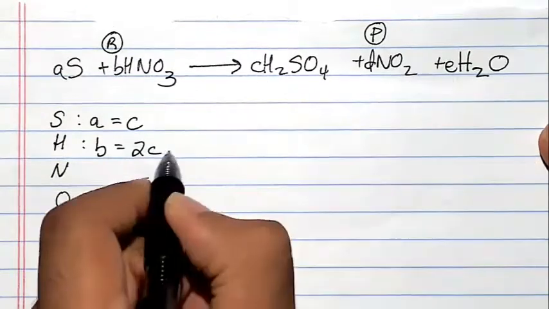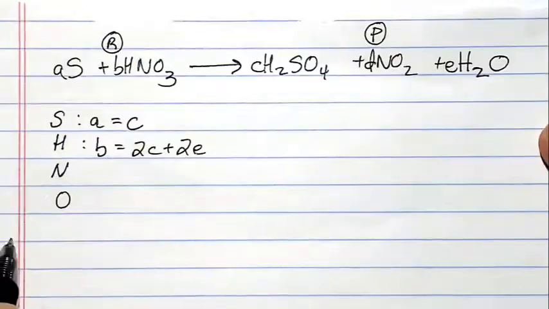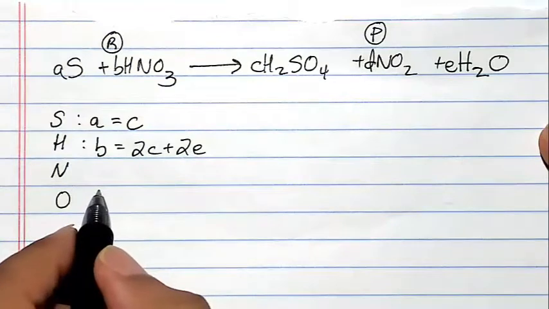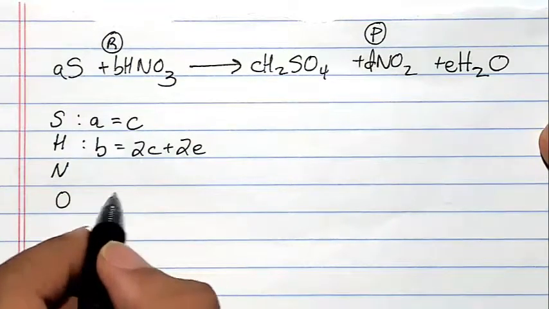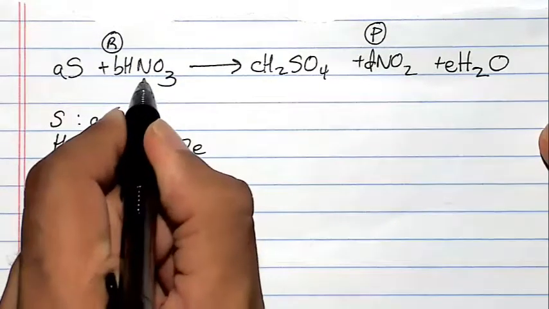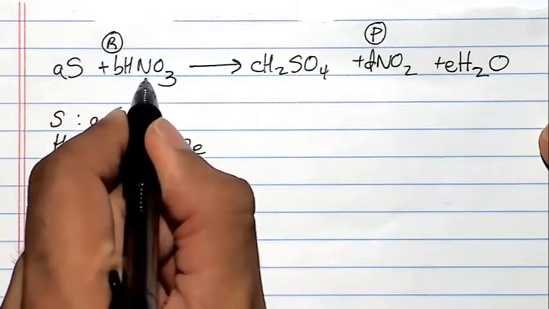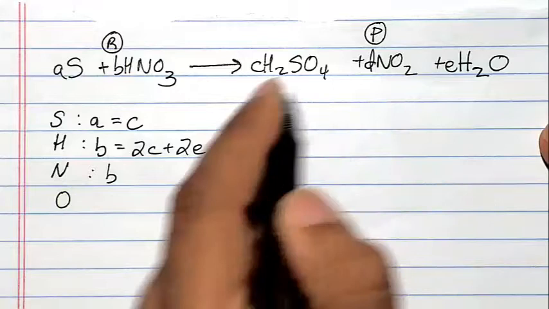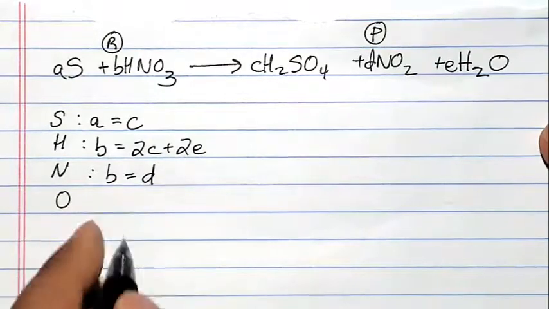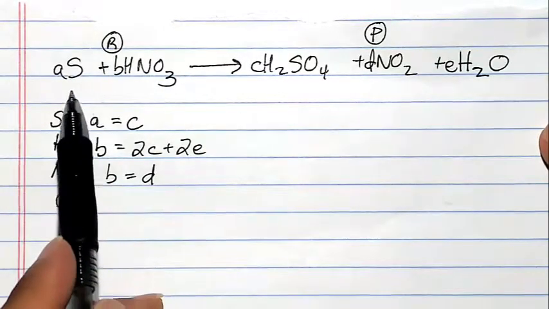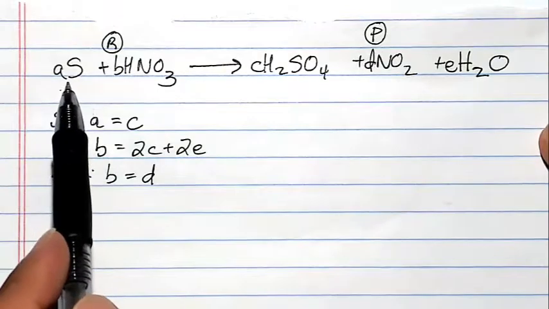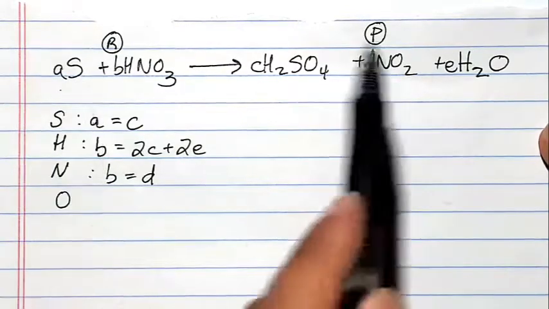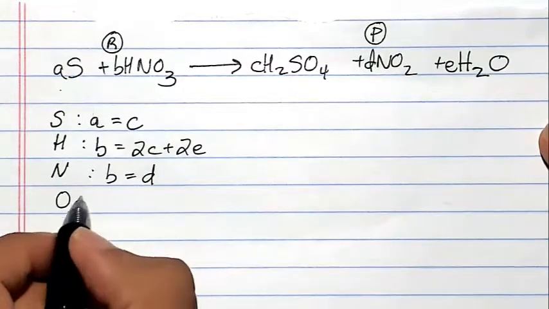What is nitrogen in our reactant side? B. What is nitrogen in our product side? D. Remember, whatever's in our product must equal whatever's in our reactant. Whatever's in our reactant must equal whatever's in our product.